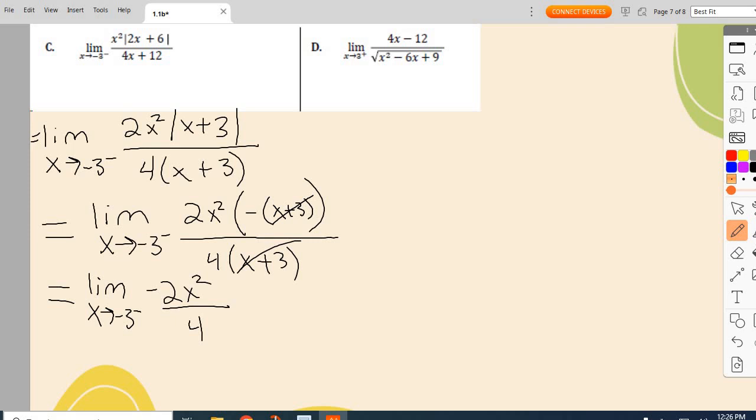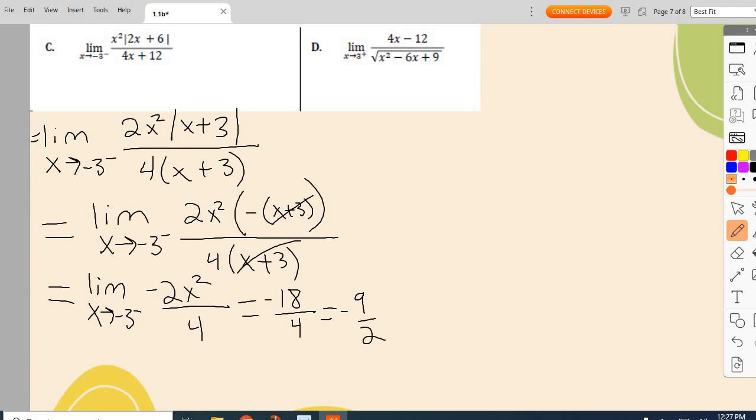So when we plug in negative 3, negative 3 squared is 9 times the negative 2 is negative 18 over 4. Negative 9 halves.